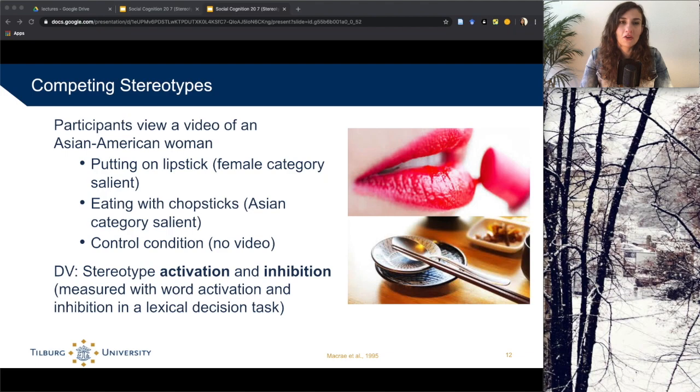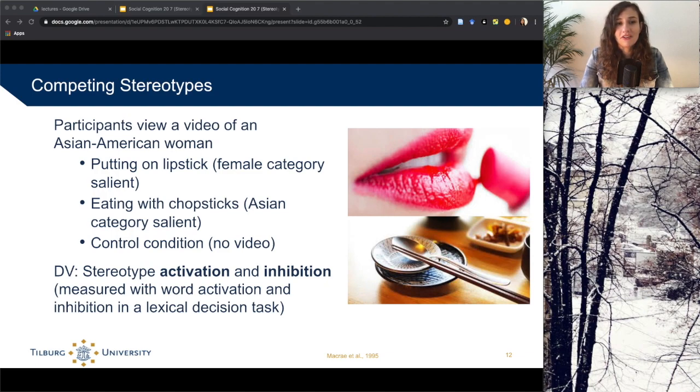Either this woman was pictured as putting on lipstick, so that the category of her being a woman, being female, was made more salient. Or she was pictured eating with chopsticks, so that the Asian category became more salient. Or there was a control condition where there was no specific video.